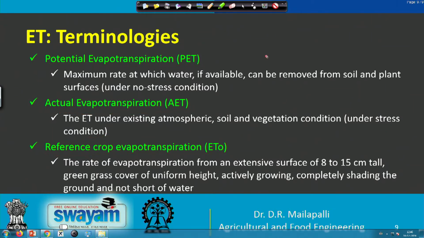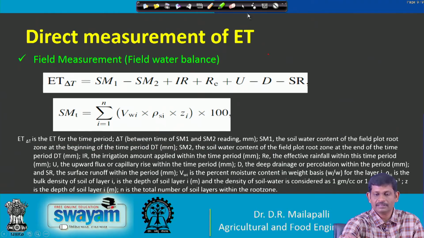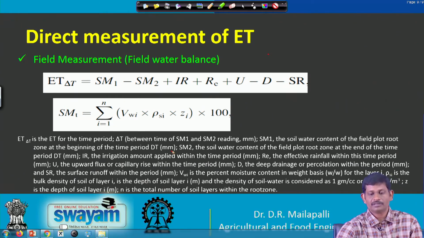So, let us go to how to estimate evapotranspiration. There are direct measurements of ET. For example, field measurement using the field water balance equation that we have talked about. The same equation can be used, knowing the other water balance components except evapotranspiration.